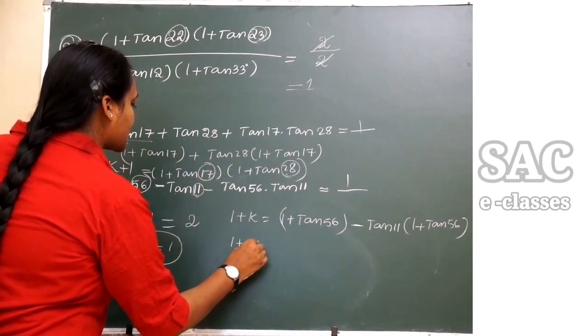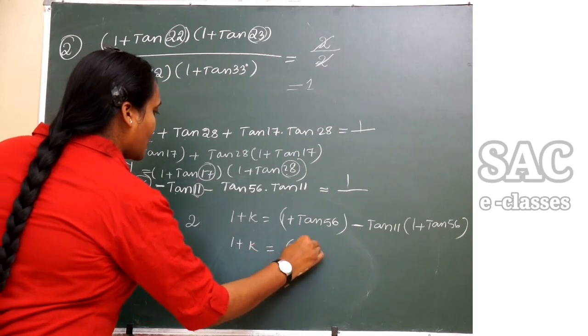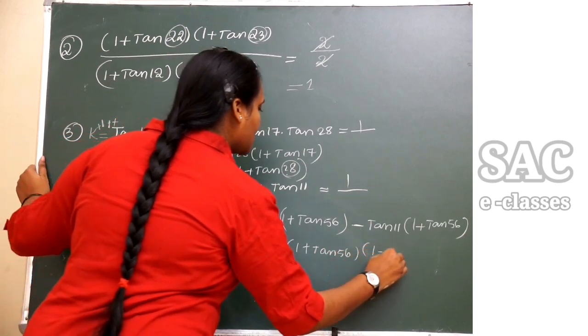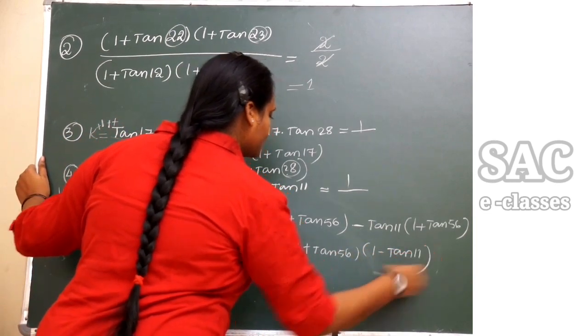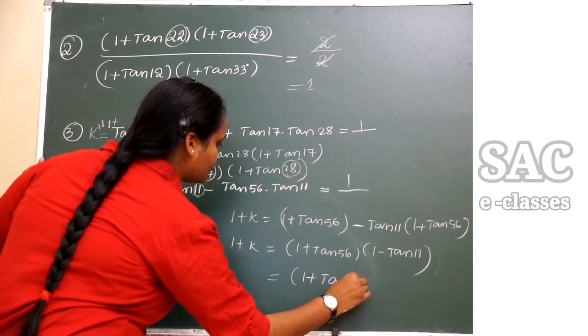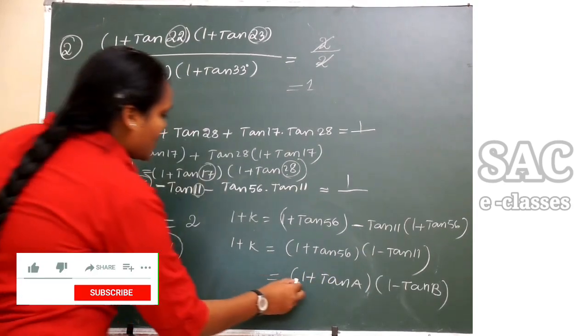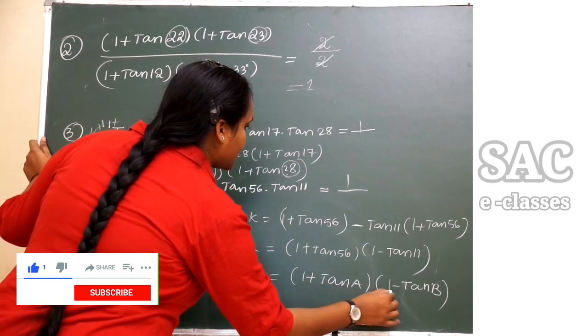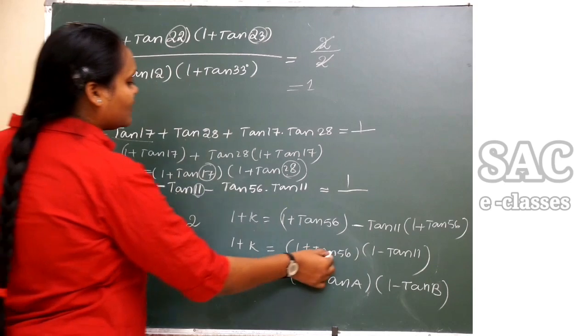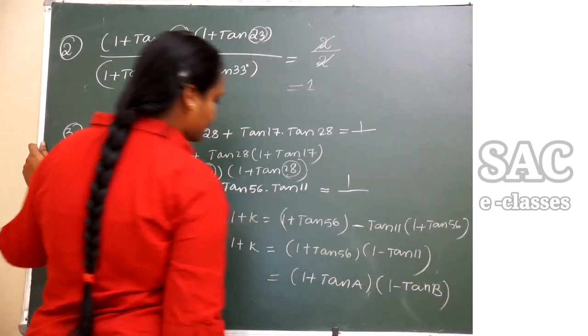So 1 plus k equal to 1 plus tan 56 into 1 minus tan 11. It is clearly looking like 1 plus tan A into 1 minus tan B, where A means 56, B means 11.